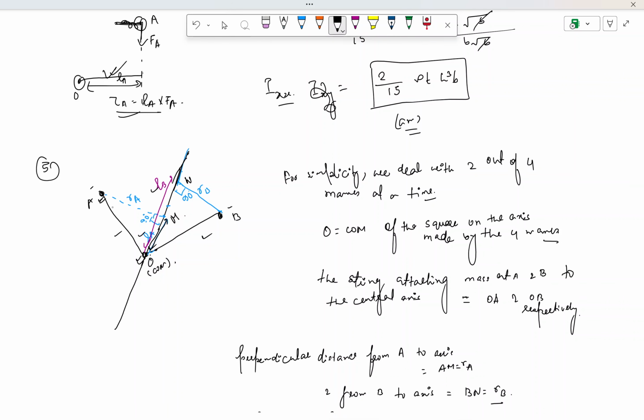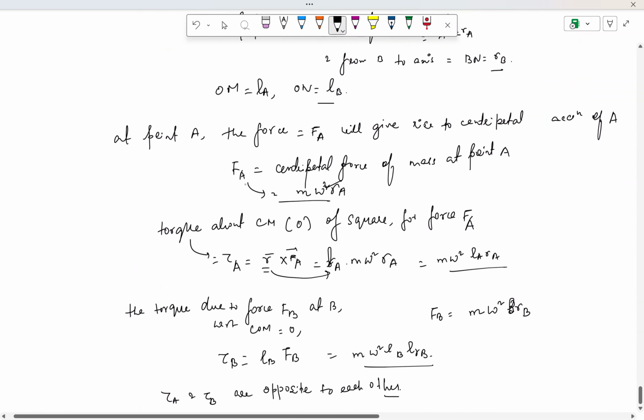They have all three angles the same. This is a right angle and this is also a right angle. And this angle is, let's say, theta. So this angle becomes 90 degree minus theta. Then obviously this is theta and this is 90 minus theta. You see that three of the angles are matching with each other.